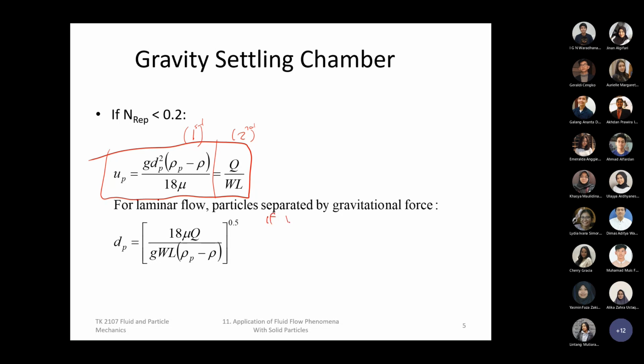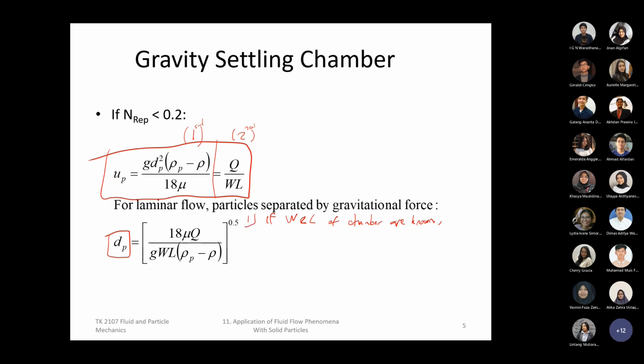If the width and length of the chamber are known, if these are known, it's already defined, it's already built, then what you can do is to calculate the maximum diameter of particle that can be separated. But below this particle diameter, the particle is likely still carried over because we don't provide enough time. So that's one alternative question.